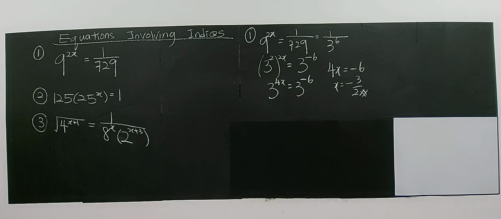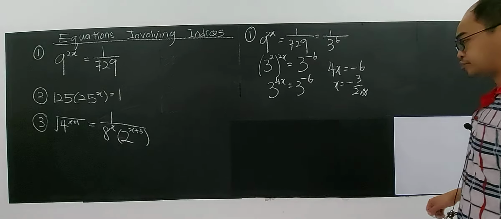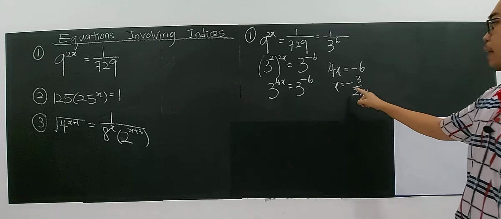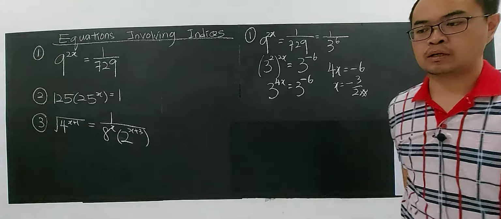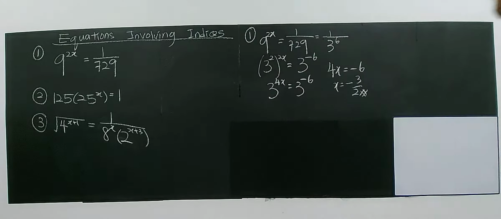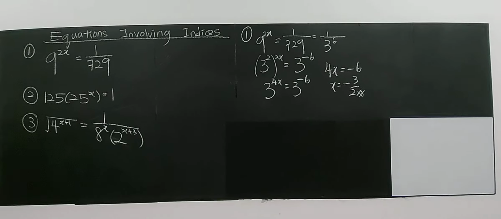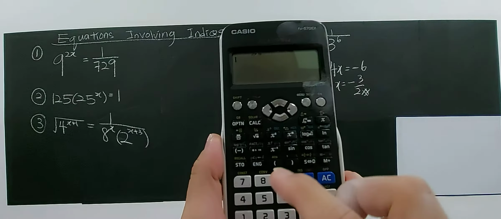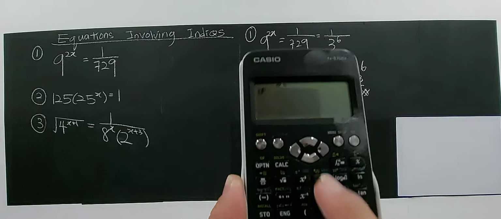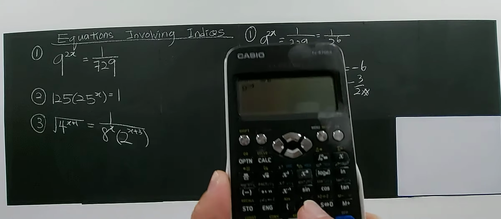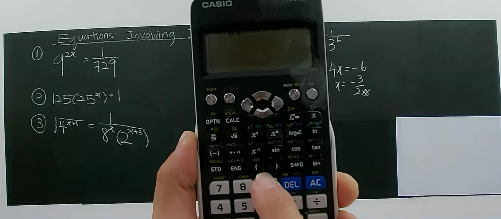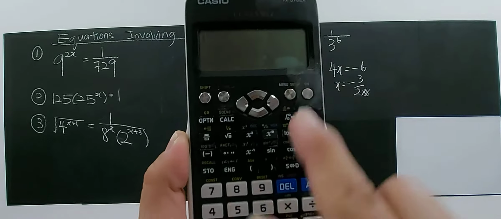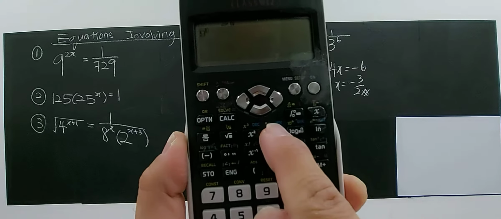You can check your answer by putting this value back into 9 to the power of 2x. You can use your calculator to do the checking. For example, with this type of calculator, you key in 9 to the power of 2 alpha x.